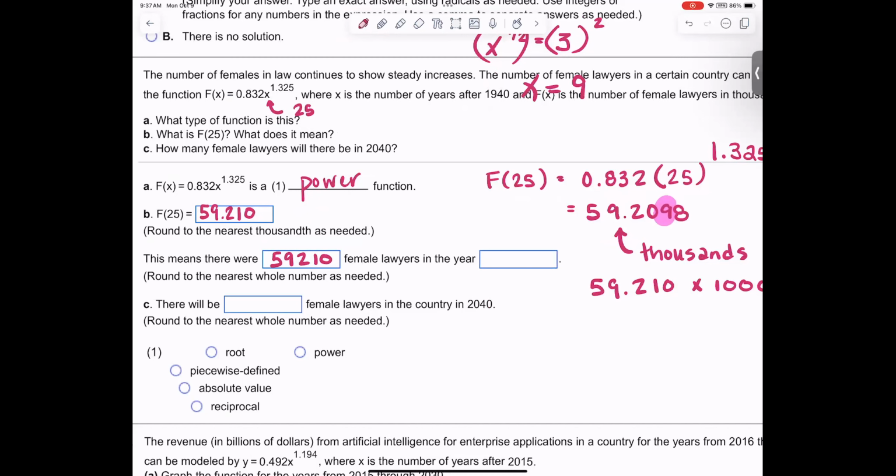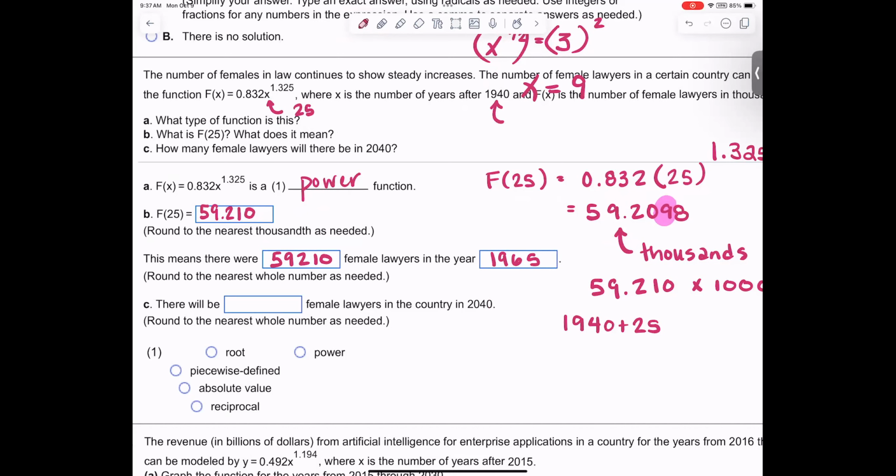This is 25 years after 1940. So 1940 plus 25 would be 1965. So in 1965, there were 59,210 lawyers.